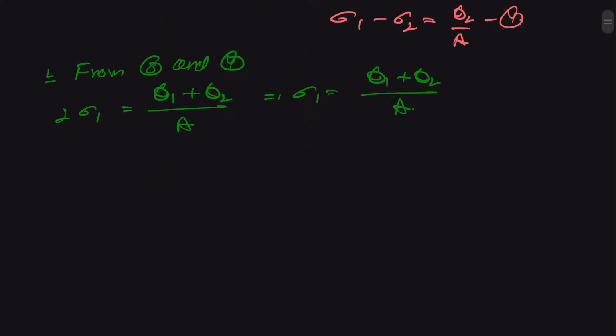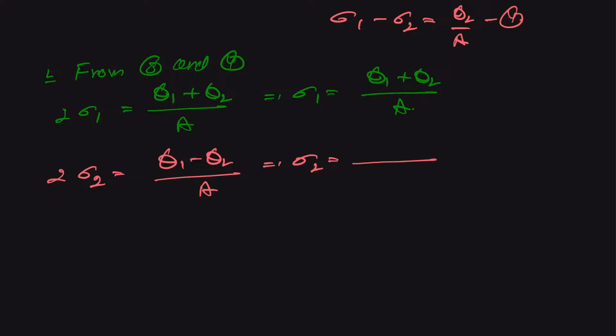And if we subtract them, we get twice sigma 2 is equal to Q1 minus Q2 upon A, which gives us sigma 2 is equal to Q1 minus Q2 upon 2A.